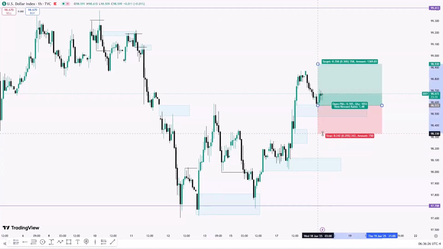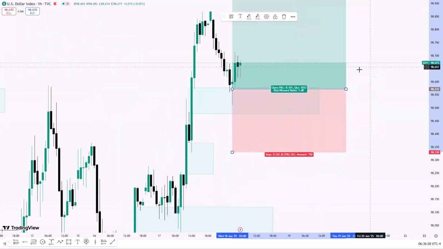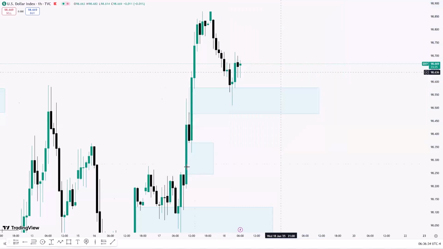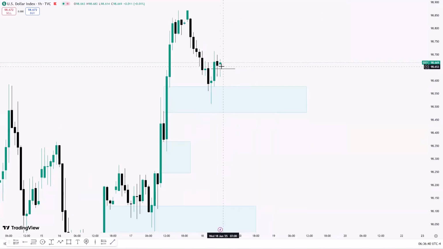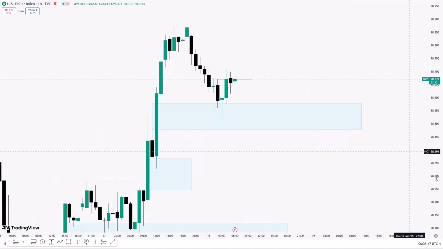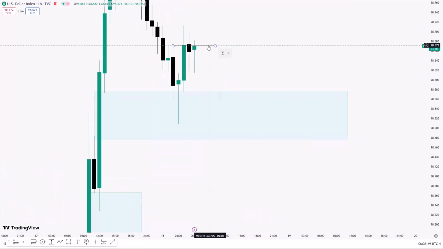Correct? Look at what price has done. Created another swing low right there. Bullish order block too. Is that not right there? It's still a bullish order block.